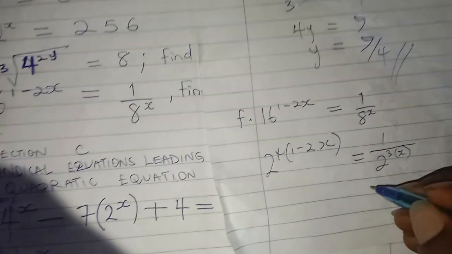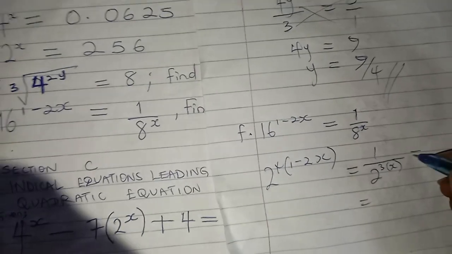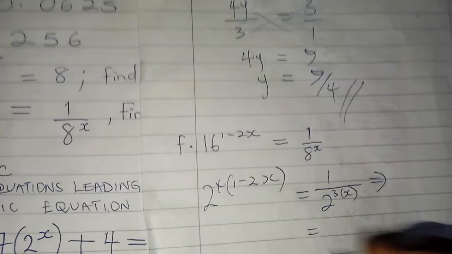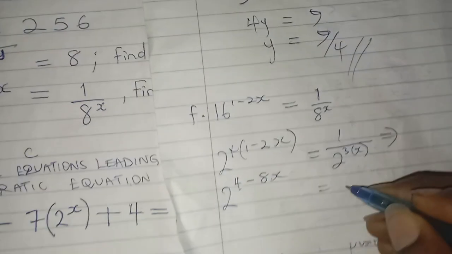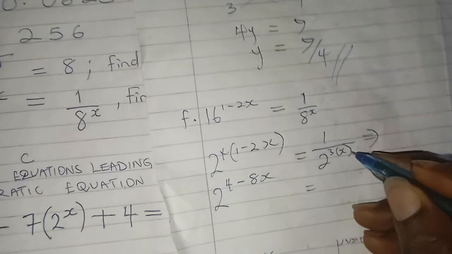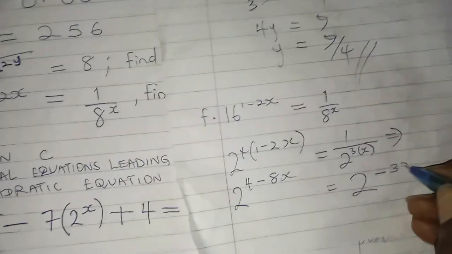So this is the same thing as saying, for the sake of space, let's not confuse you, 2 raised to power 4 minus 8x is equals to, applying indices here, 2 raised to power minus 3x.